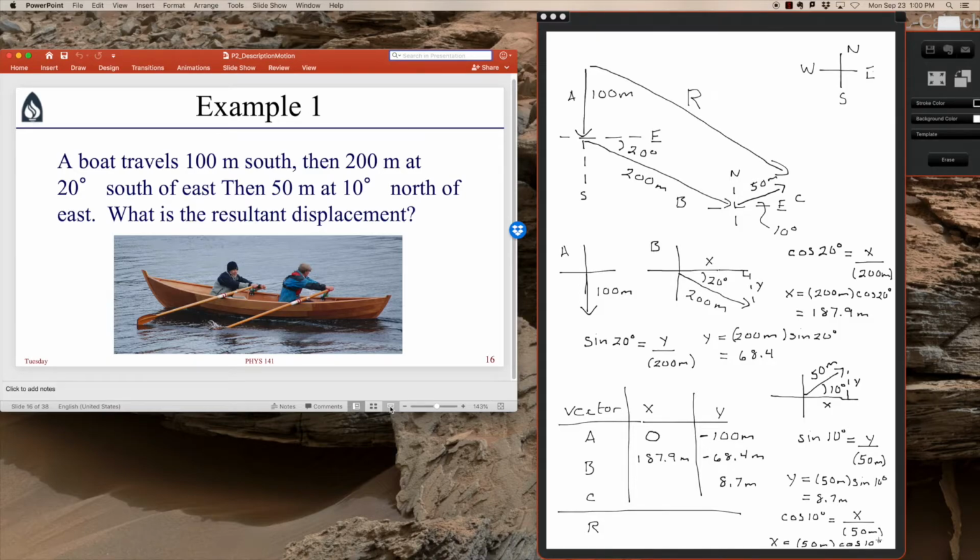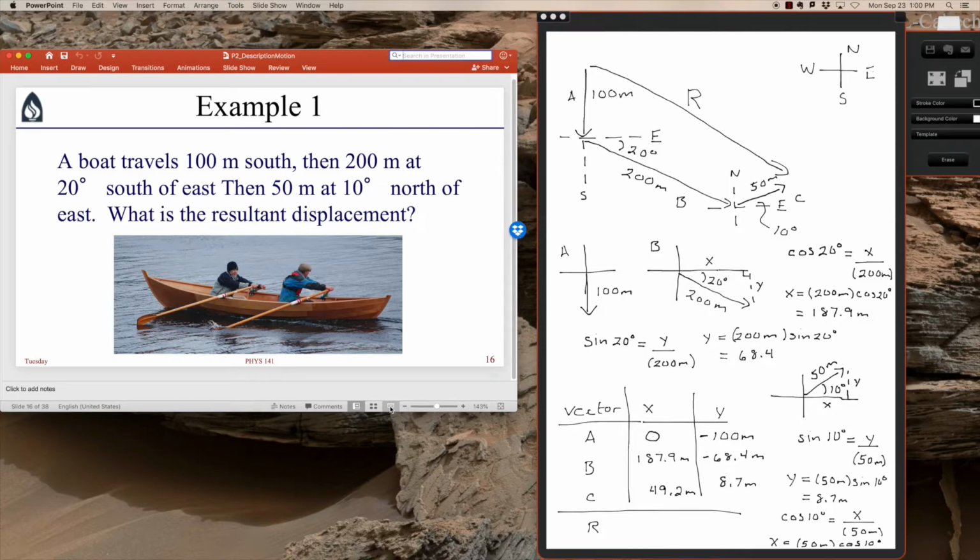And that has a value of 49.2 meters, which I'll write in my table. 49.2 meters. All right, so that's the x component, which is pointing in the positive x direction. So that would be a positive x component.